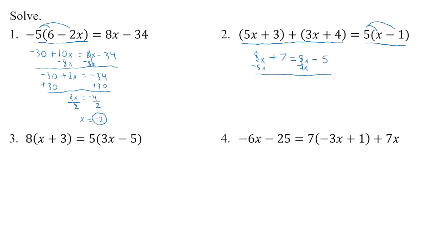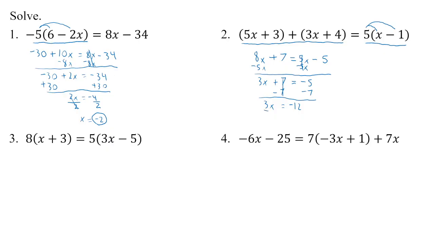8x minus 5x is 3x. Bring down your positive 7 or plus 7, bring down your negative 5. Then we subtract 7 from this side and this side. 3x equal negative 5 and negative 7, which is negative 12.